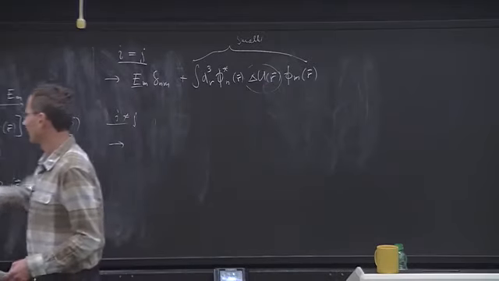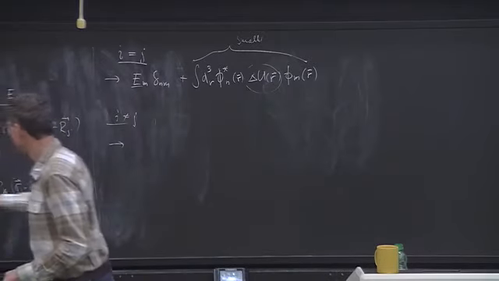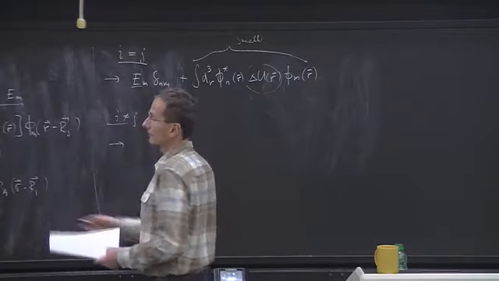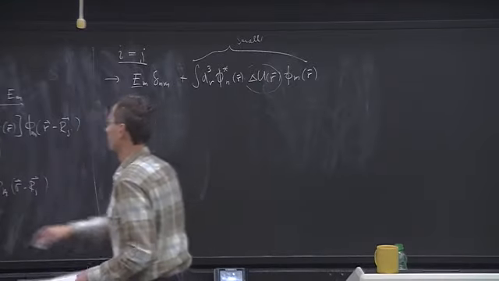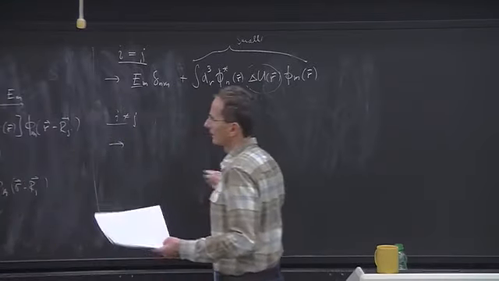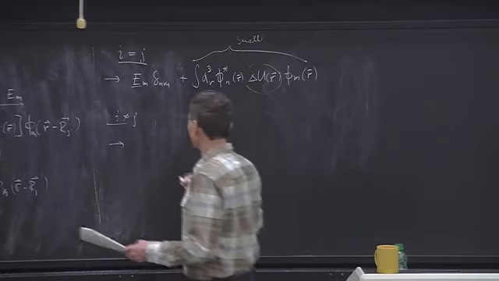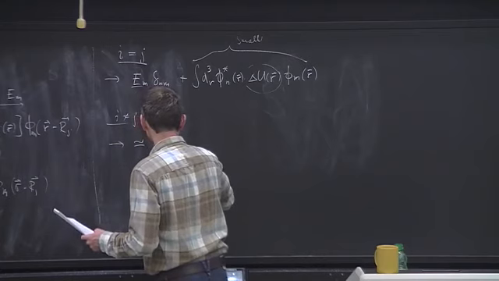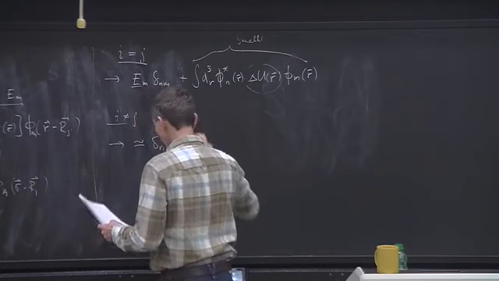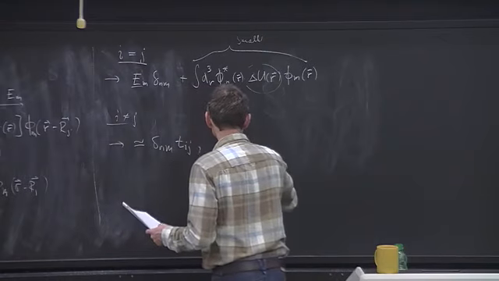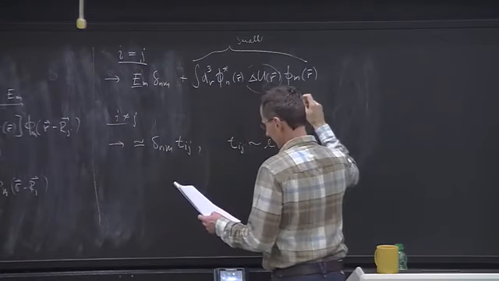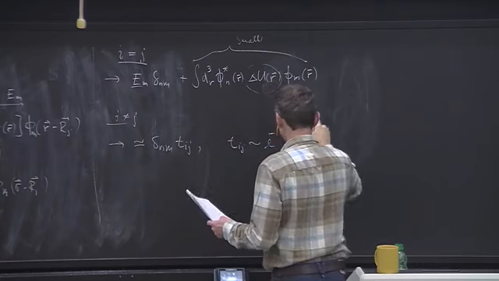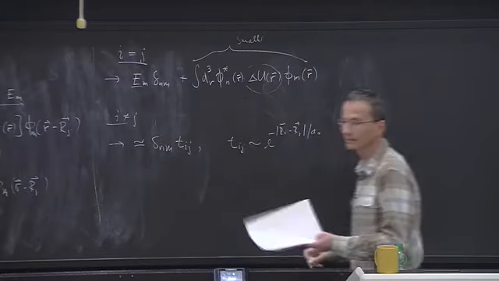All I can say is that these overlap integrals decay exponentially with distance. So, according to the second assumption, whenever n is not equal to m, the overlap is relatively small. So I approximate this by delta_nm times T_ij, with the proviso that this T_ij decays as e to the minus |R_i minus R_j| over a_0, where a_0 is the Bohr radius.